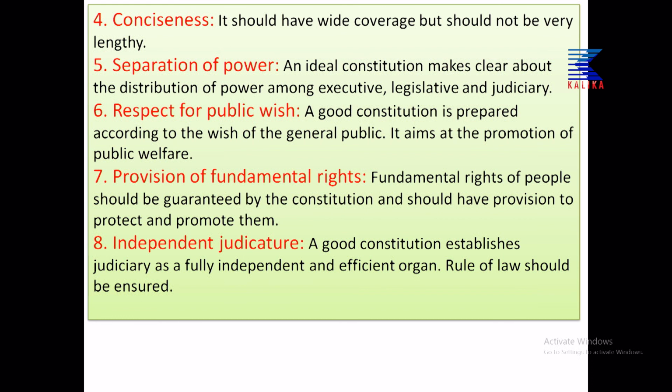Otherwise, democracy may not be successful. Because of that reason also, the judiciary should be made independent. There should not be any kind of political interference, so the rule of law should be ensured. These are the features that a good constitution must have.